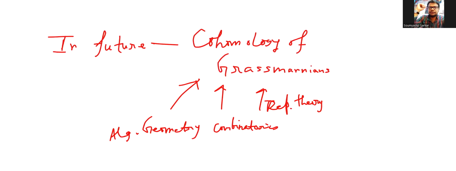So this is really a cool and interesting object. In future, I will talk about cohomology, but now I want to finish by describing the Grassmannian as an algebraic variety.